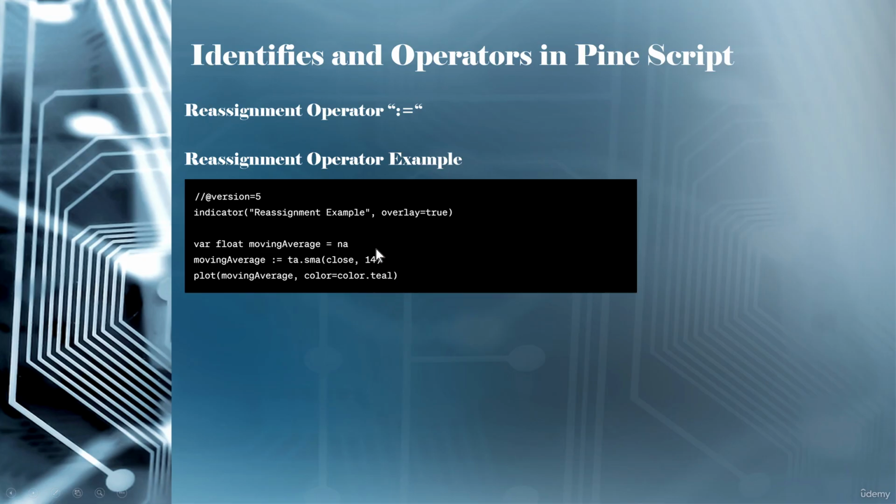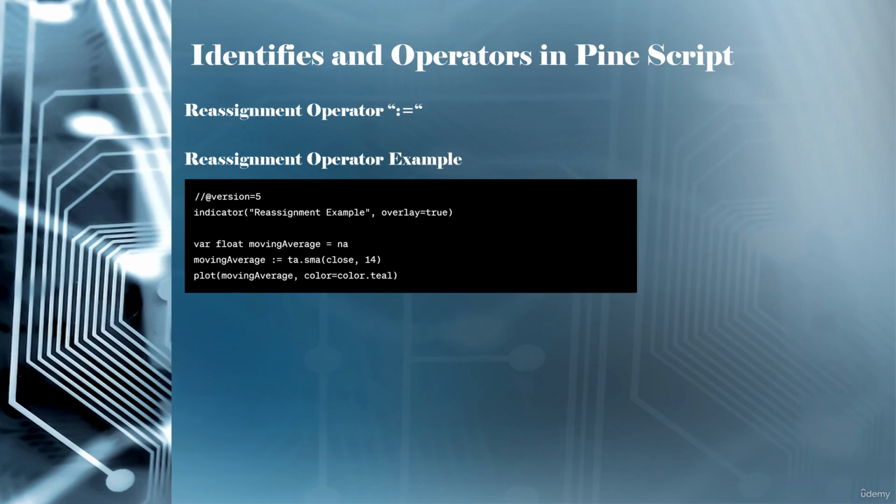This is a special PineScript value, meaning no value yet. And then we reassign a new value to the same variable moving average, the result of the ta.sma function. Because we assign a new value to the same variable which we declared above, we use the reassignment operator. So this is how the reassignment operator is used.